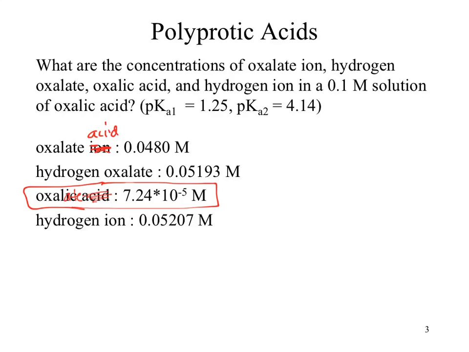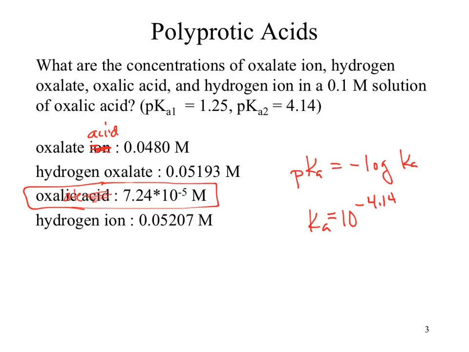How do we convert our pKa into a Ka? To get our Ka, it's going to be 10 to the negative 4.14. What's that number equal? 7.24 times 10 to the minus 5. Interesting. Concentration of oxalate ion is the Ka for that step.